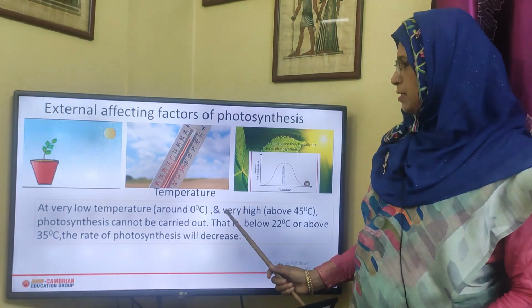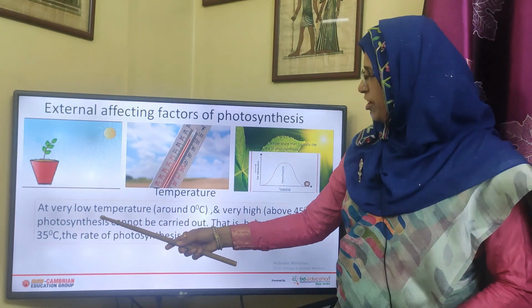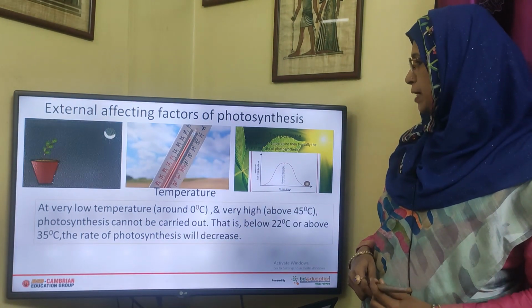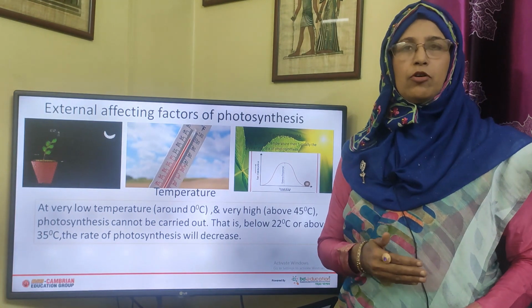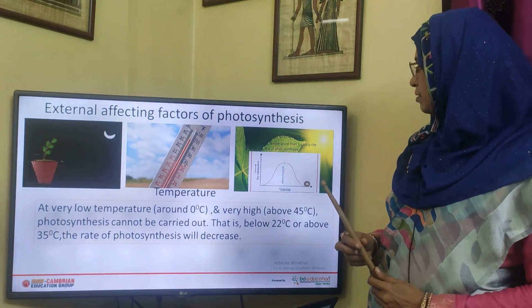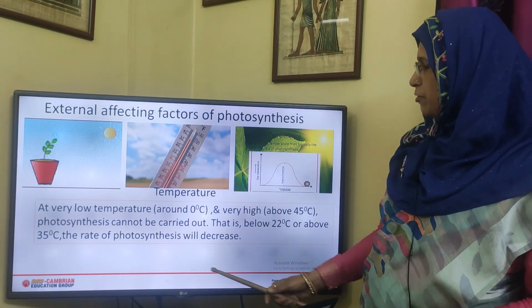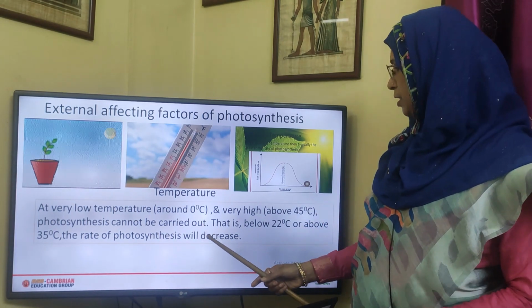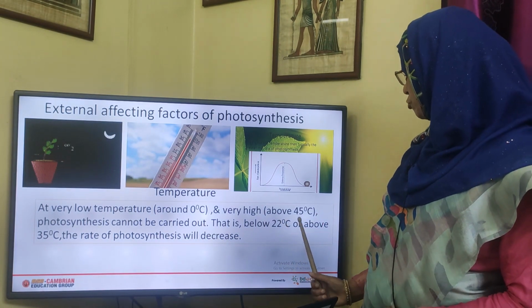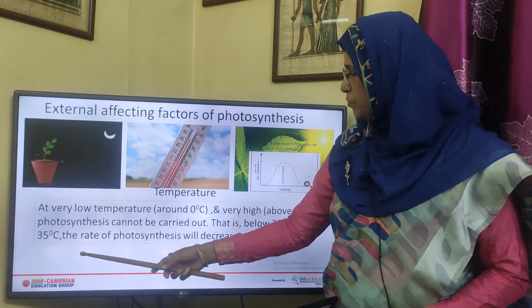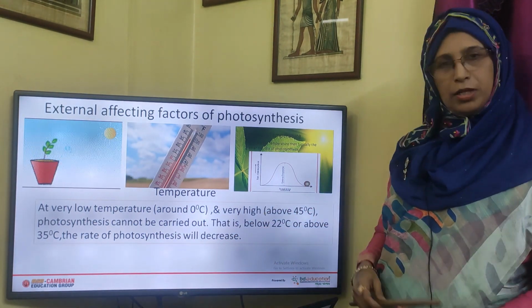Now temperature. At a very low temperature, below 0 degrees, and above 45 degrees, photosynthesis cannot be carried out. Below 22 degrees or above 35 degrees, the rate of photosynthesis will decrease.